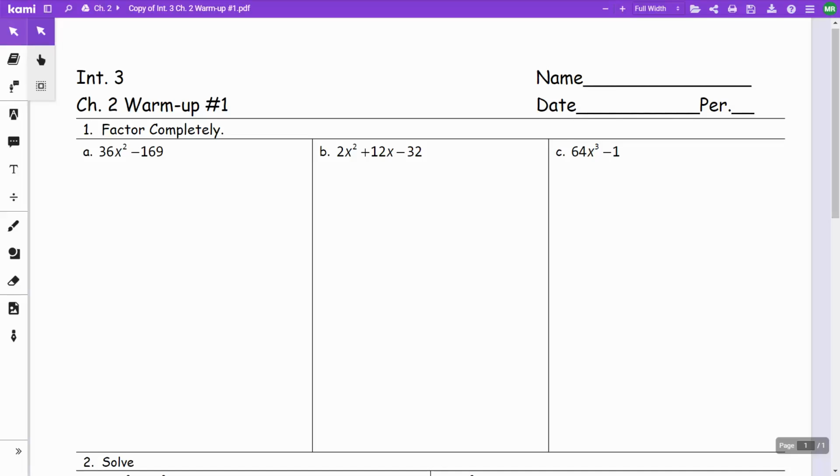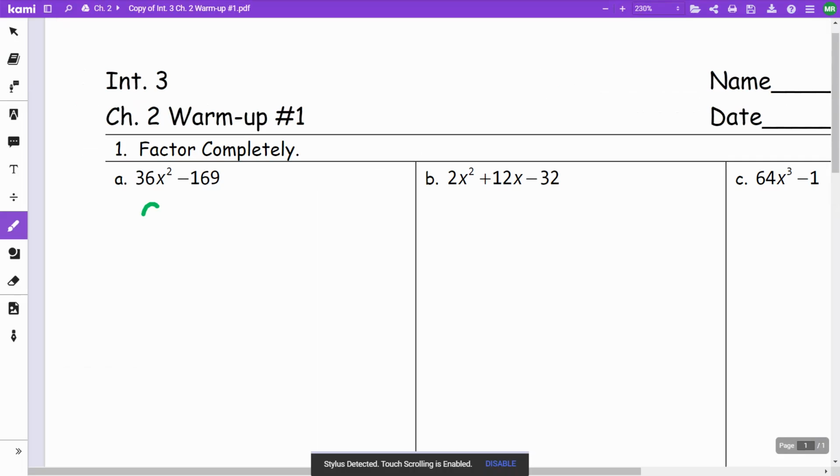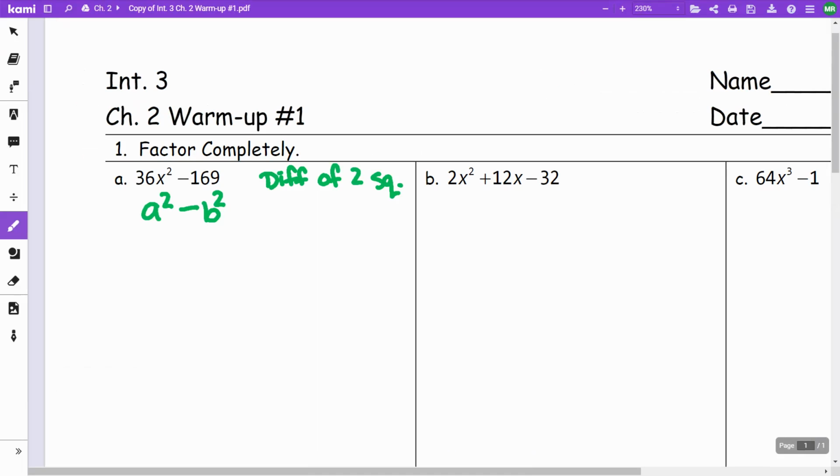So this video is Integrated 3, Chapter 2, warm-up number 1 for those who needed any help on this. When we are factoring, and you notice that you have basically a square minus a square, you want to be thinking of difference of two squares. You take the square root of the front term and the square root of the back term.